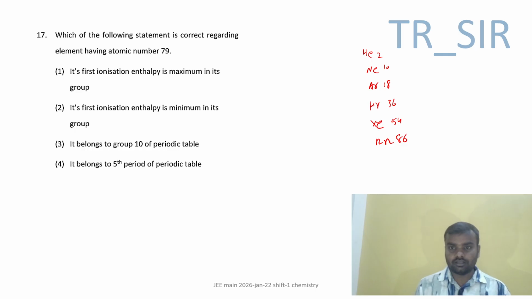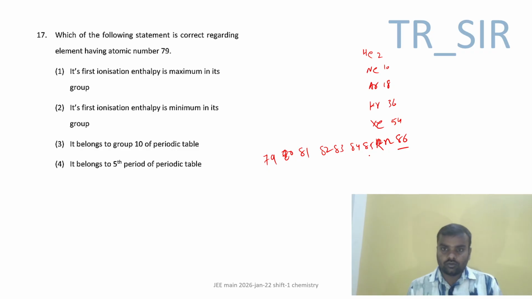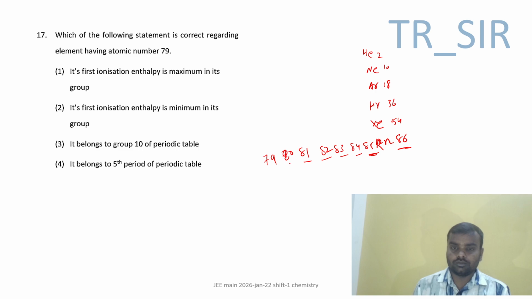That means this is radon, right? 86, 85, 84, 83, 82, 81, 80, 79. So here group 17, 17 group, this is 18 group, 17 group, 16 group, 15 group, 14 group, 13 group, and group 12. Group 12 is which one?